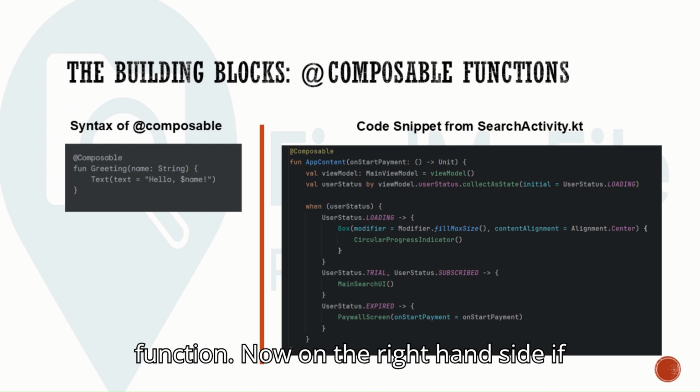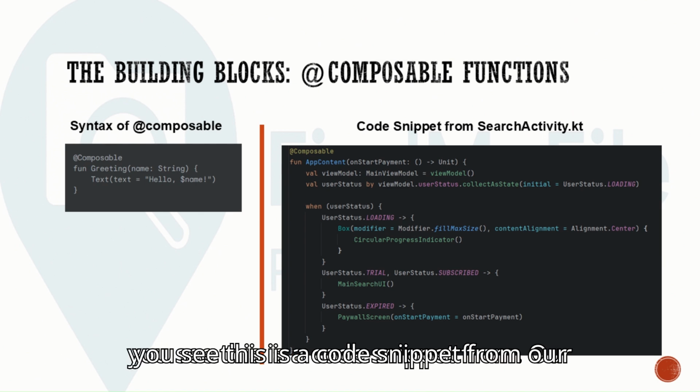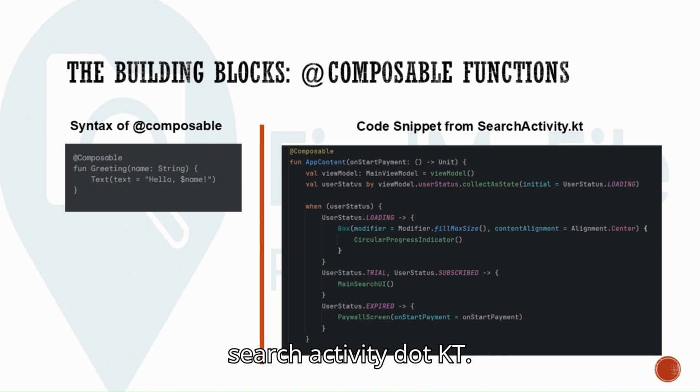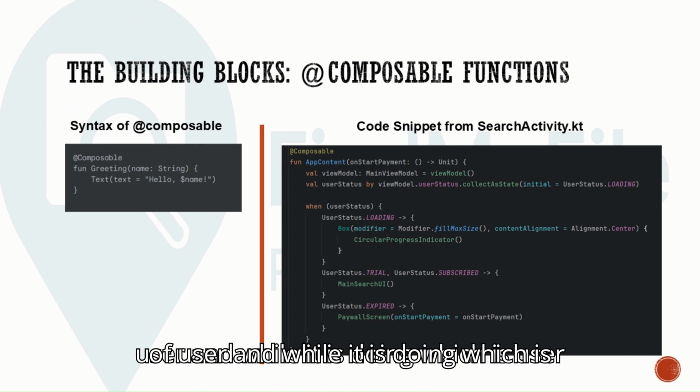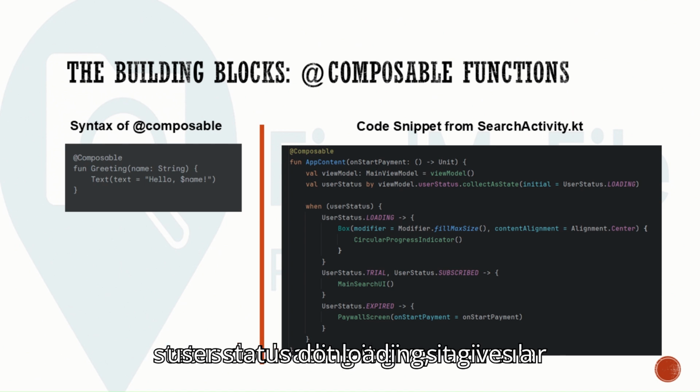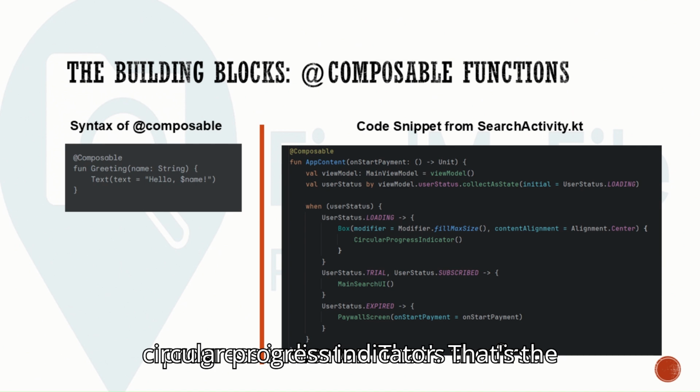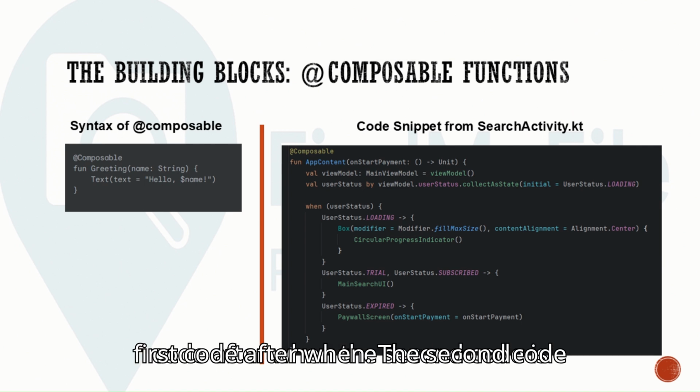Now on the right hand side is a code snippet from our SearchActivity.kt. What it is doing in this code is first checking the status of the user, and while it is UserStatus.Loading, it shows a circular progress indicator. That's the first case after when. The second case is UserStatus.Trial and UserStatus.Subscribed.